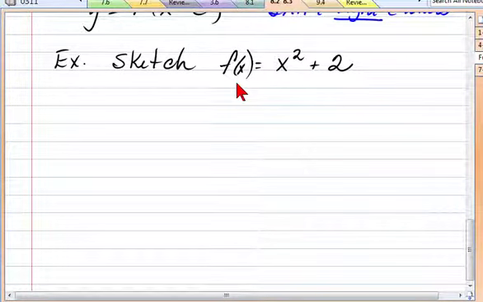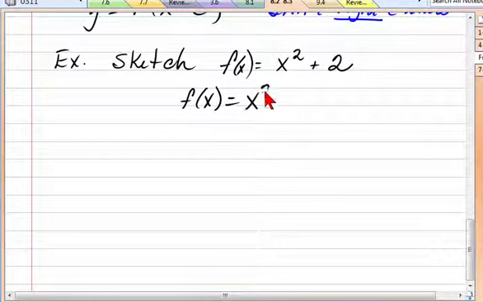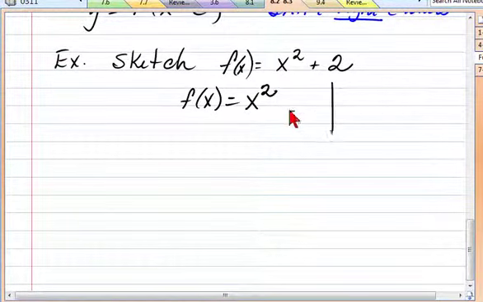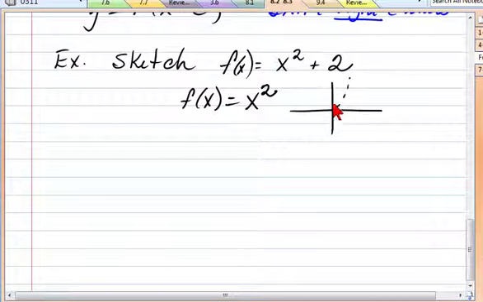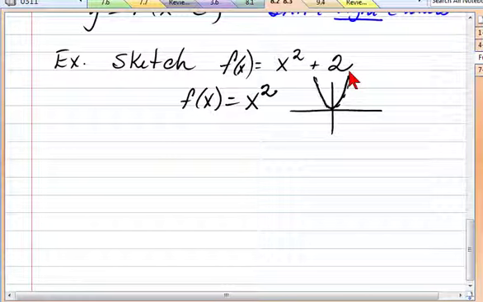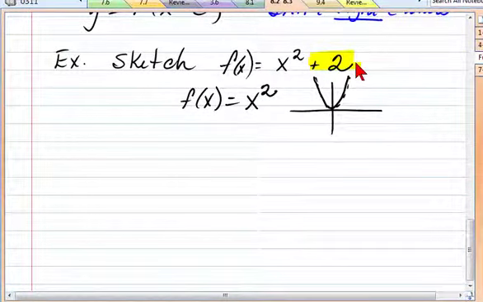Well, do you know what f of x equals x squared looks like? It's a U. I'll just go ahead and draw it solid. Okay, it's a U. I have added 2, and it is after, outside the squaring.